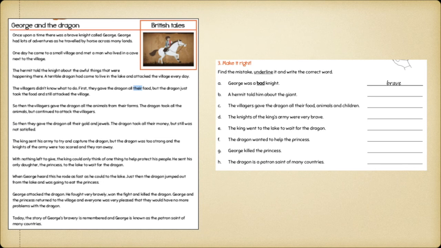G, George killed the princess. So, I'm sure that one's going to be very easy for you. And H, the dragon is a patron saint of many countries. Is the dragon a patron saint of many countries?